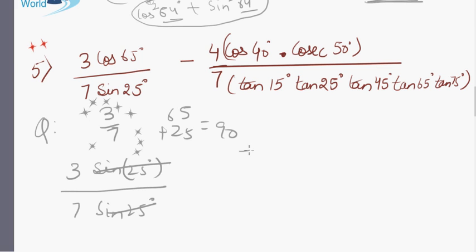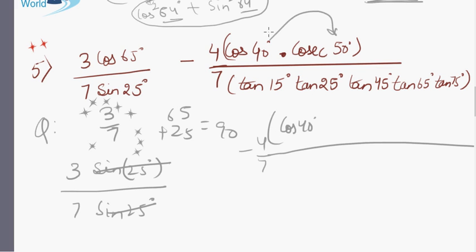For the second part, we have 4/7 cos 40 degree. Again, these two are complementary pairs. So 40 plus 50 is 90. Cosecant is the complementary pair of secant. So here it will be secant 90 minus 50, that is secant 40. For the denominator, 15 is a complementary pair with 75 degree and 25 is a complementary pair with 65 degree.